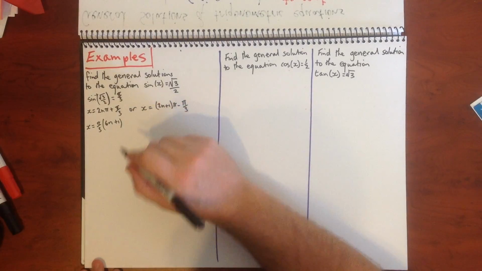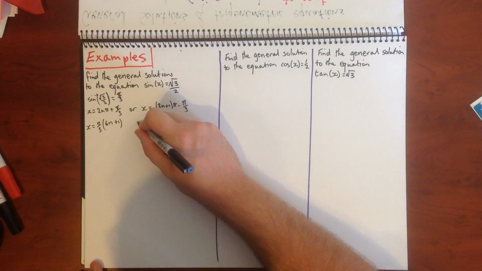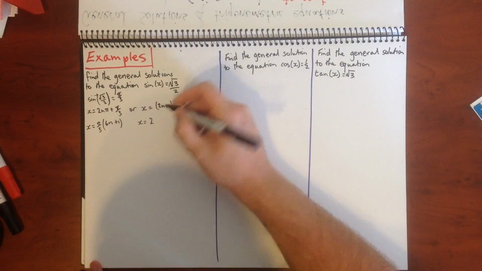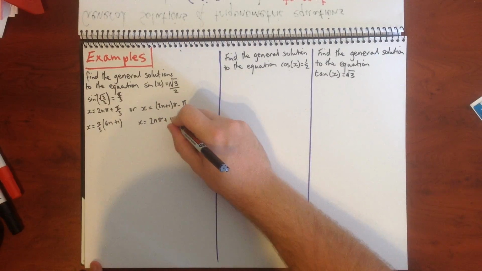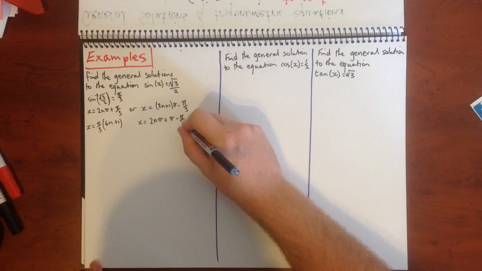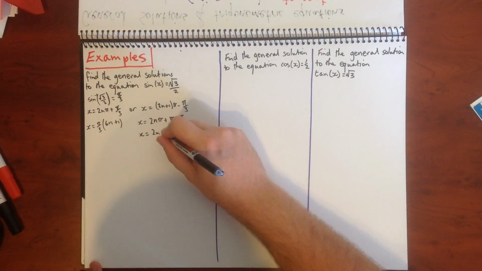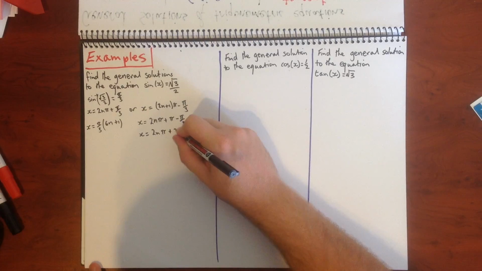For our other solution, what we need to do first is expand out our brackets. So you get 2n pi plus pi minus pi on 3. So we have 2n pi, and pi minus pi on 3 gives us 2 pi on 3.